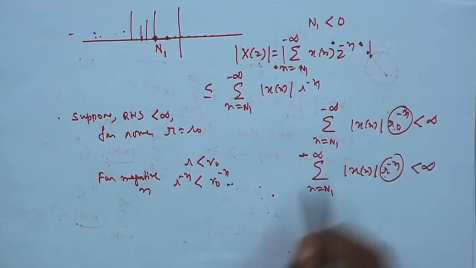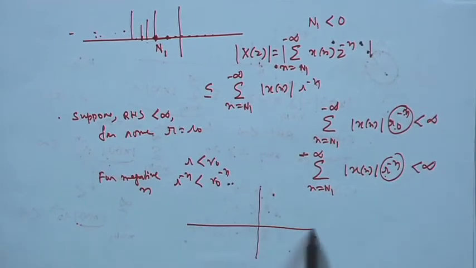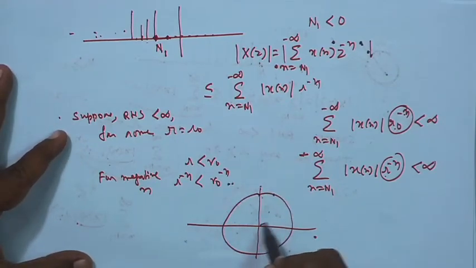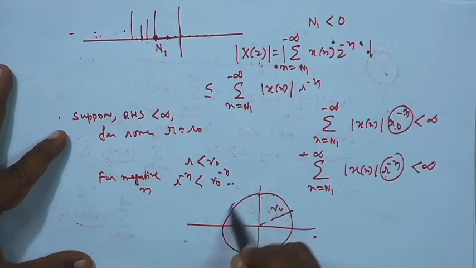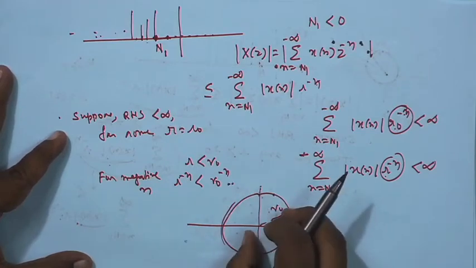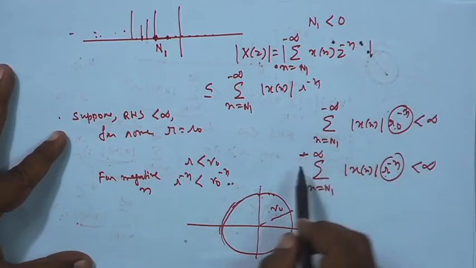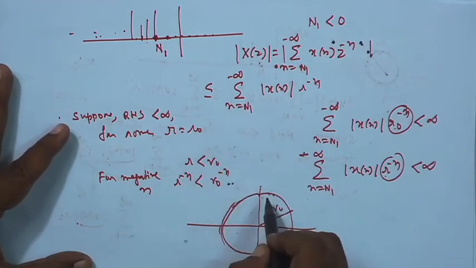Okay. So, this means if this converges for any r naught, you draw a circle in the z plane of the same radius r naught. For any z on this circle, you have got magnitude r naught, and this is satisfied, which means the z transform exists on this circle.